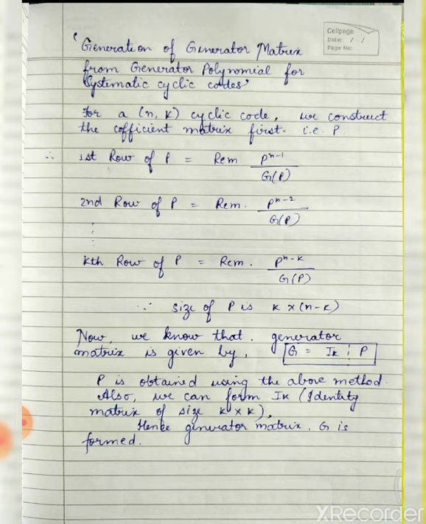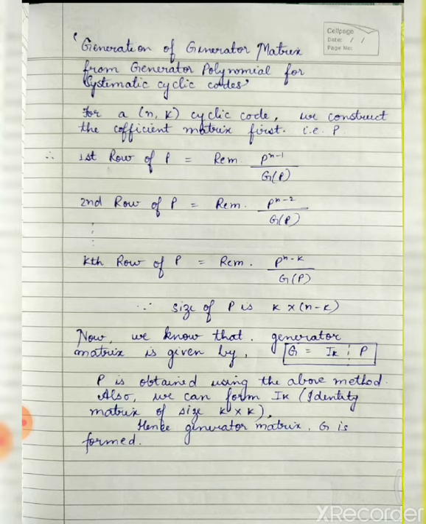Next, we will construct the generator matrix by using the formula [I_k | P]. I_k we can easily build. It is an identity matrix, a square matrix. The size of this identity matrix will be k cross k. Suppose we are given a cyclic code of size 7,4, that means the value of n is 7 and the value of k is 4.